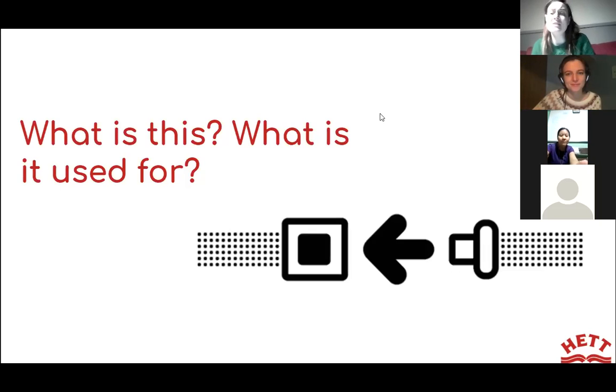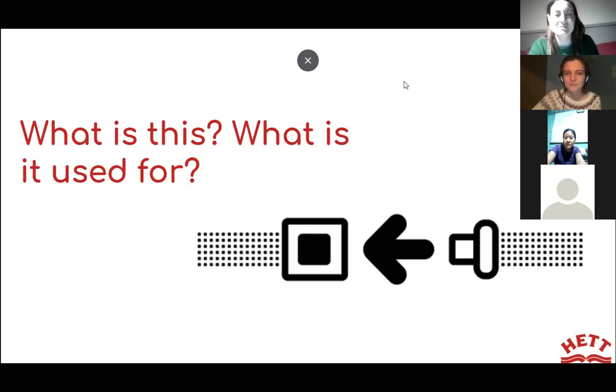Okay, what is a seatbelt used for? For safety, yes. If you get in an accident, it keeps you safe.